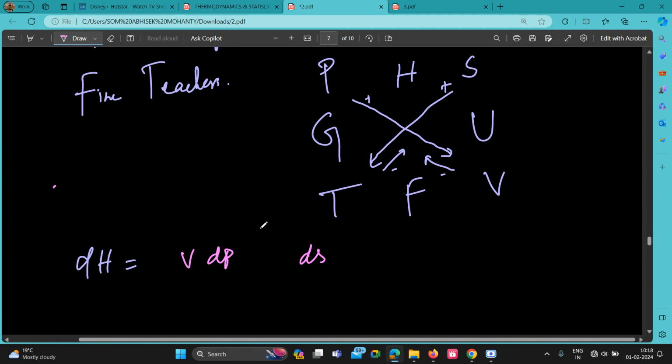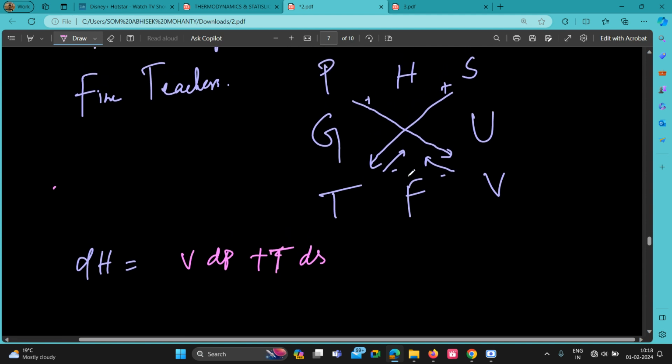S is going to T, positive, so plus T dS. Okay, is that right? Now see dU. On the right and left sides I will just write dS and dV, these two. S is going down to T, that means positive. V is going up to P, that means negative, negative P dV. Okay, this is one.